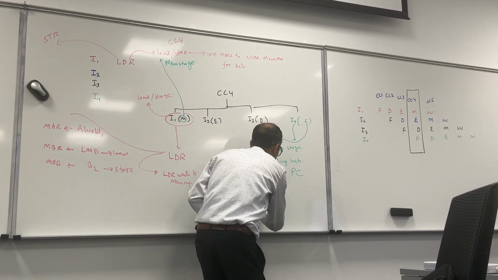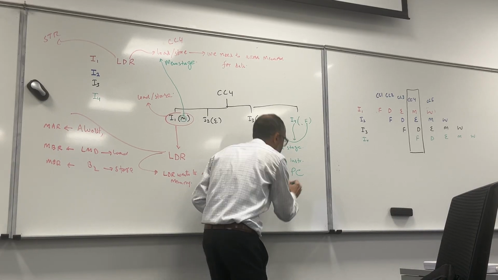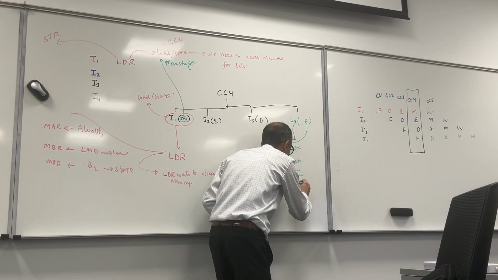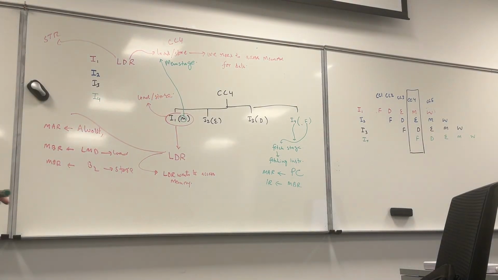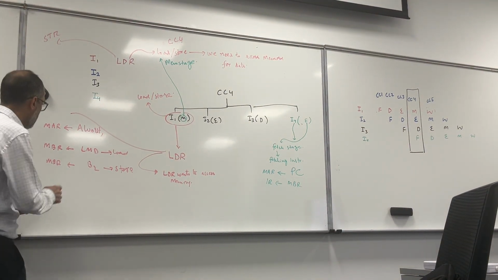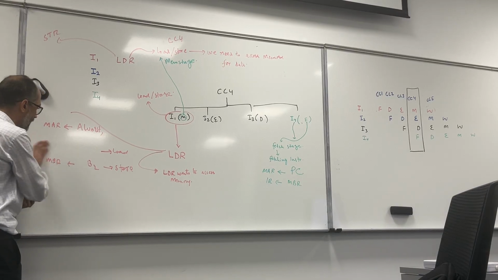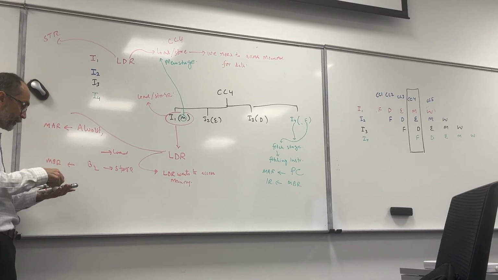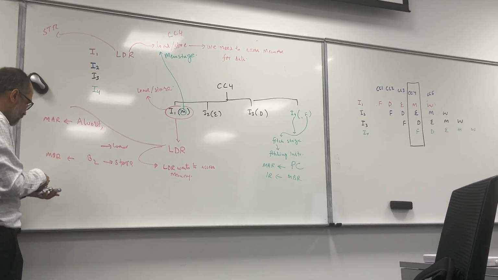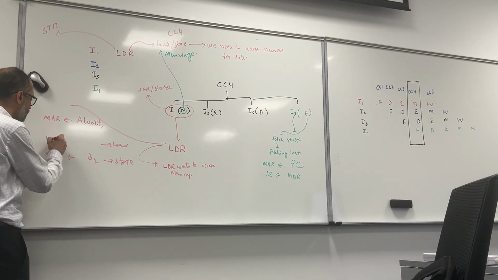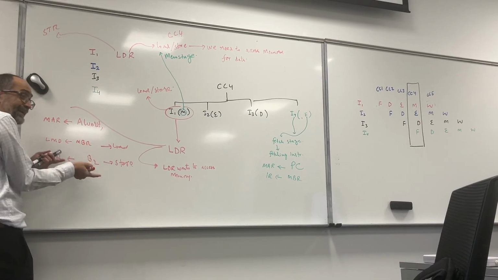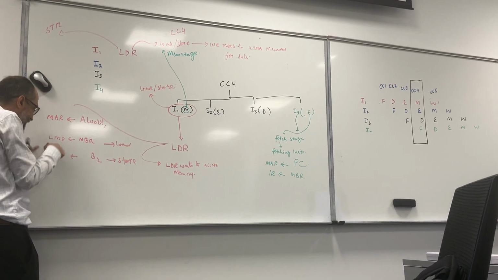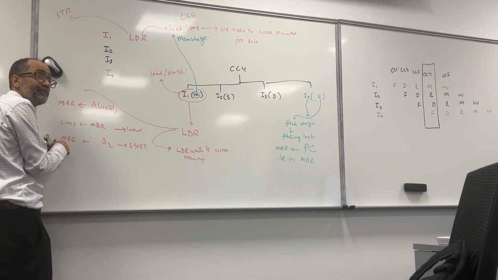So we are loading IR and then MBR will be there. Got it or not got it? Any question? Now please remember, if you are loading instructions, LND on the left hand side, because we are loading the instruction. So LND will have the same value that is in MBR, because we are reading the main memory. And here, are we reading the main memory or writing the main memory?